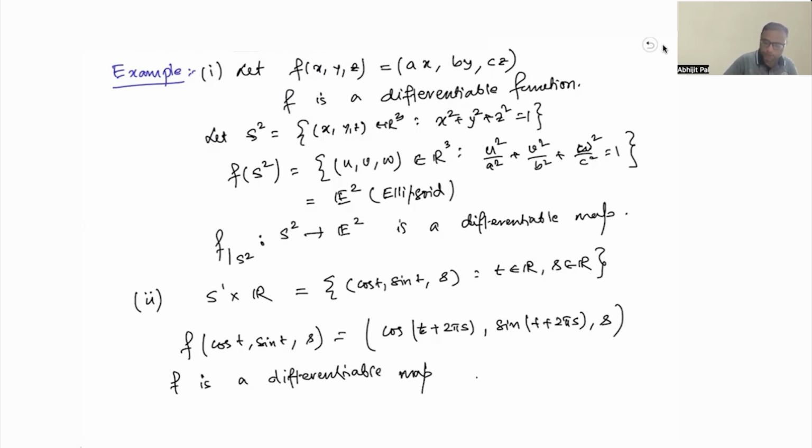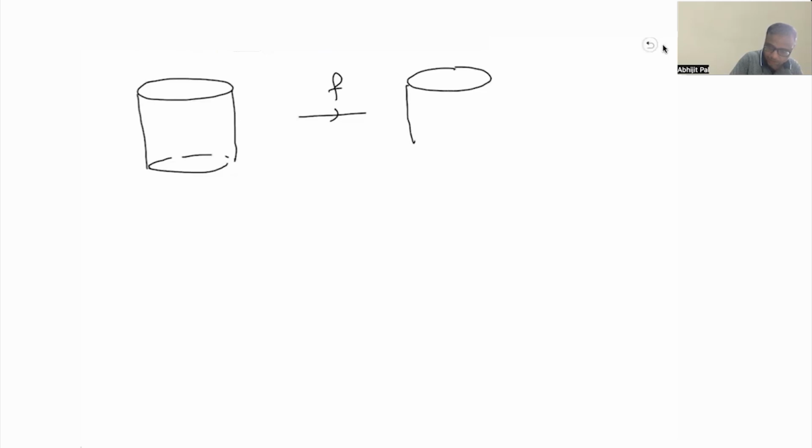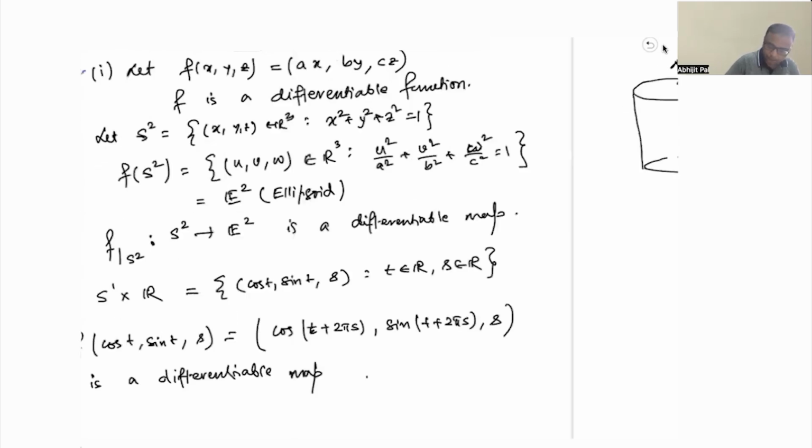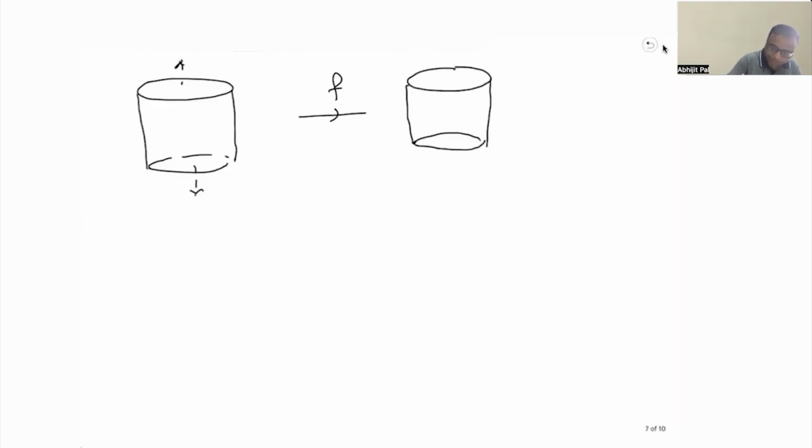So what is this map doing? If I take the cylinder, this map takes the cylinder to the cylinder.